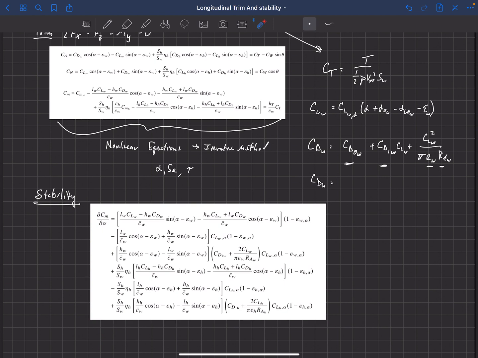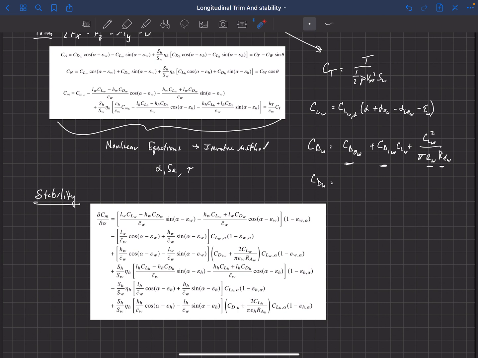Where the previous model, our linear model, showed that the pitch stability derivative was a constant, or that the pitch is a linear function of angle of attack, we see that actually the pitch for this more general model is a nonlinear function of angle of attack. So we have, again, these alphas inside of these sines and cosines.